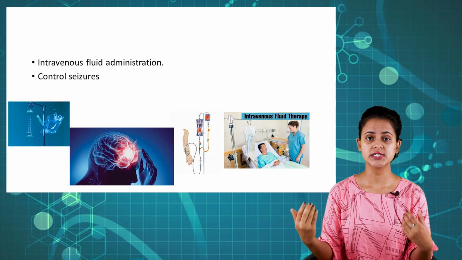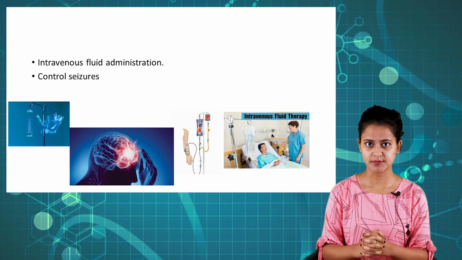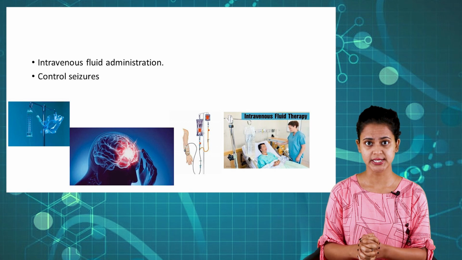Controlling of the seizure would be done with the administration of anti-seizure medications as prescribed. Here also, as we have studied, basic life support or advanced life support would be provided. These are the initial management steps for the client if they are present in an unconscious state.